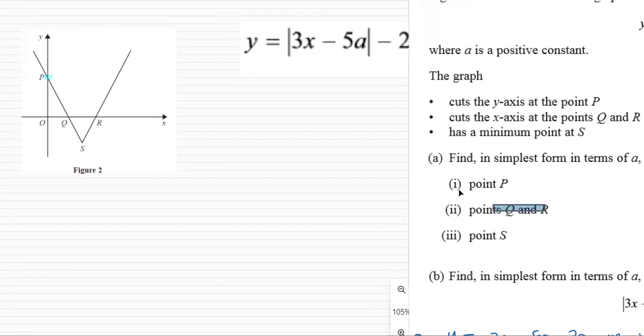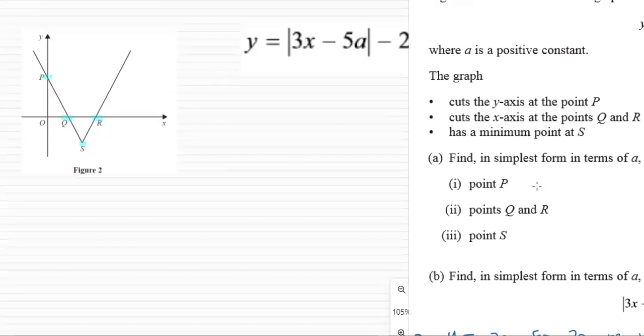The graph cuts the x-axis at Q and R, and has a minimum point at point S. So all of that is on the graph. None of this information over here needs to be added, so we can just move on to the question.